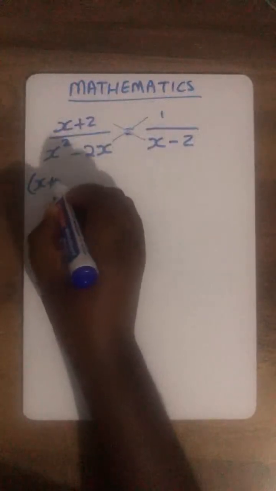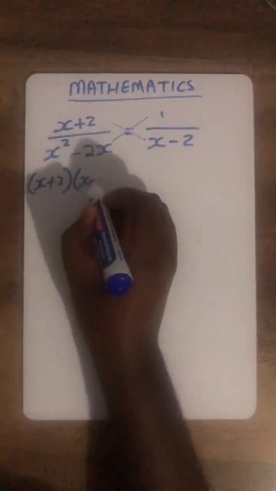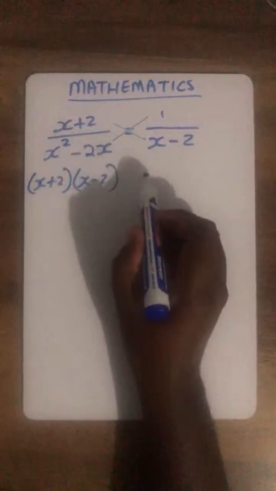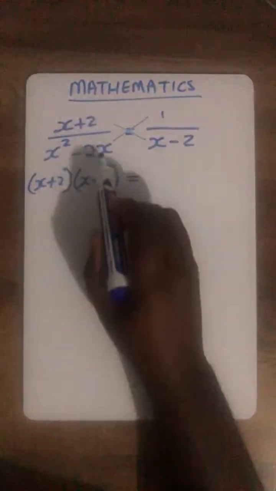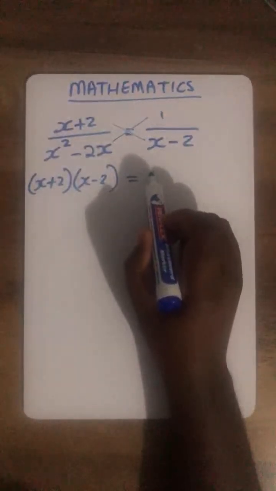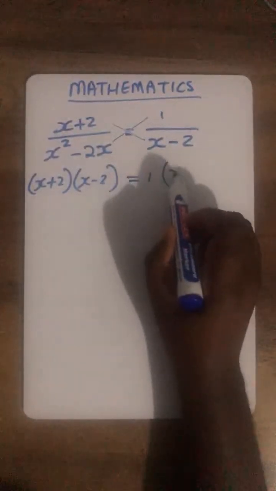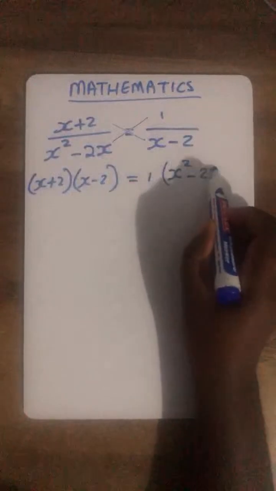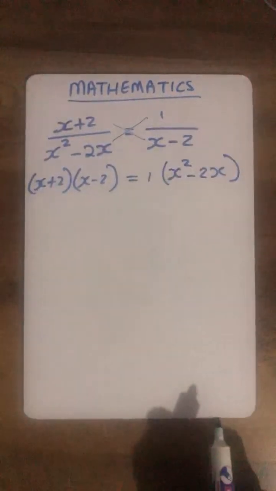So now you have x plus 2 multiplied by x minus 2, which is equal to that times that, which is 1 into x squared minus 2x.